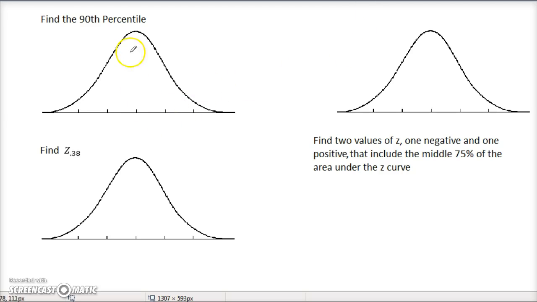So we know the 90th is more than 50%, so it's more than half. So on the plot, under this whole thing, it's 100th. So the 90th percent is probably around here. And this is just an estimate. So this is 0.9.